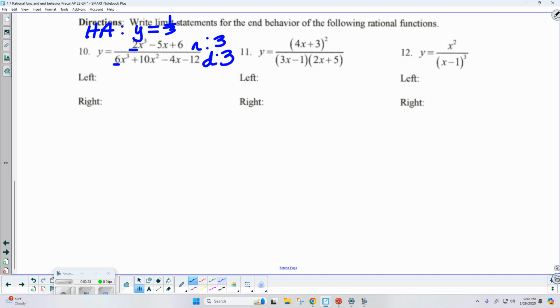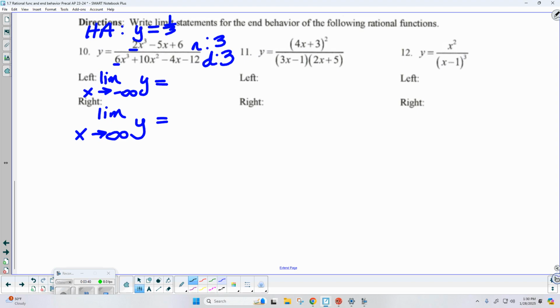So now I'm going to use this to write out my limit statements. The limit as x approaches negative infinity, that means the left end behavior, of y equals, and the limit as x approaches positive infinity of y, that means the right side, equals.